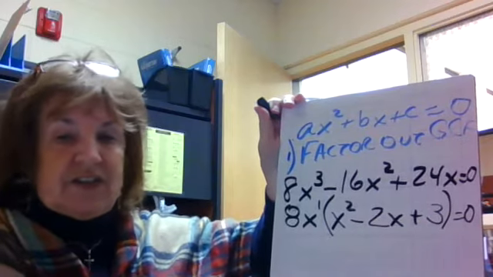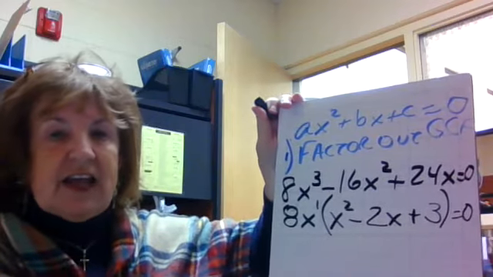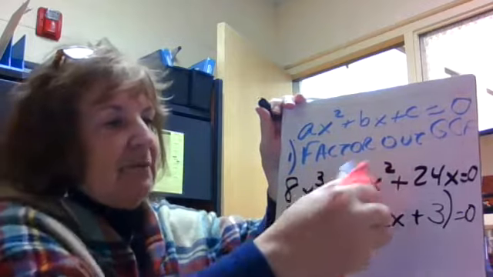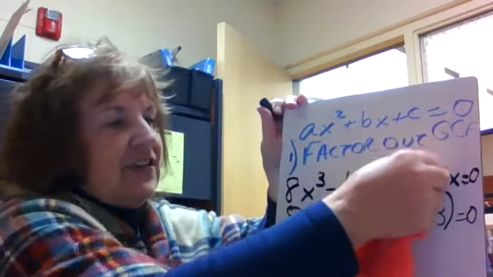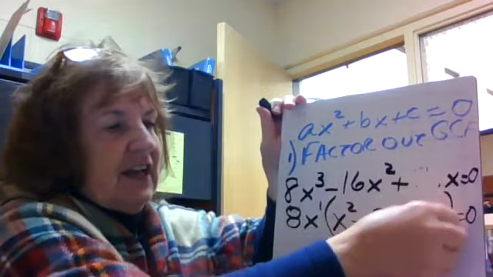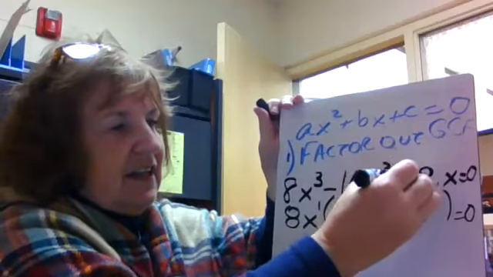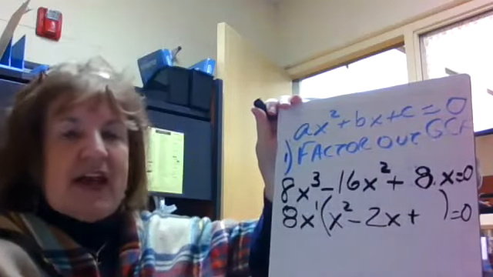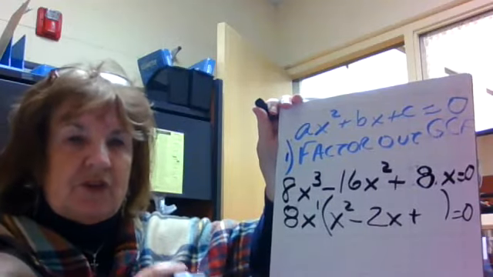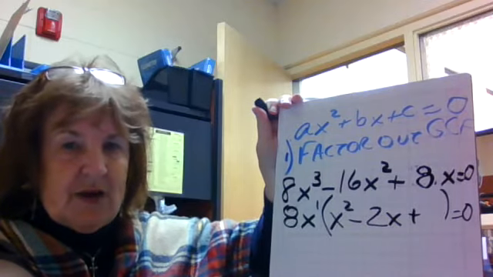Now, just as a little hint, if this number right here had been an 8, let's just change it for a second. If that had been an 8, 8 divided by 8 is 1. We're so used to saying, well, we don't need to write down the 1.